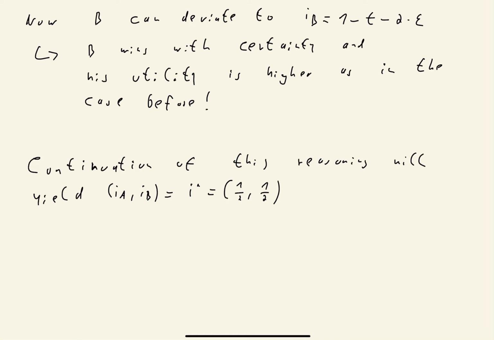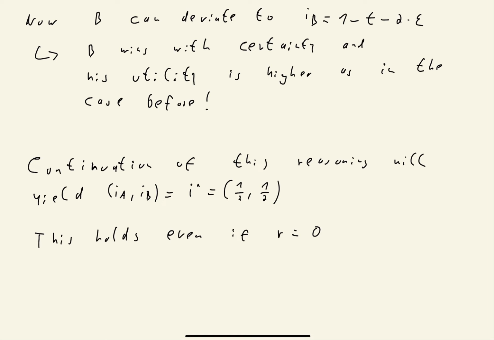And so this is the reasoning why. So they will always get closer and closer to the median voter ideology. And the interesting thing is that this holds even if R is equal to 0.